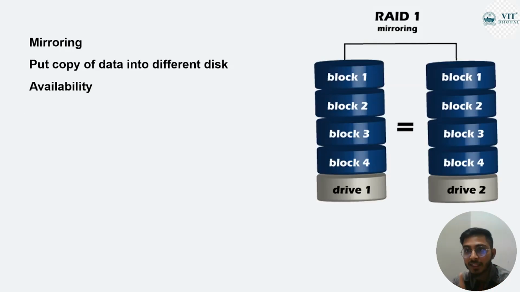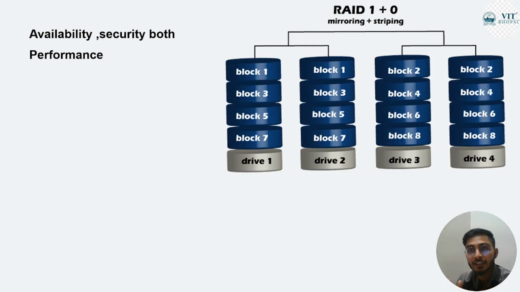Then in RAID 1, mirroring is there, in which the same data is kept on two different disks. So if one disk fails, you can recover data. RAID 1+0 is the combination of both, which means mirroring and striping are both included, and this is a real life example.